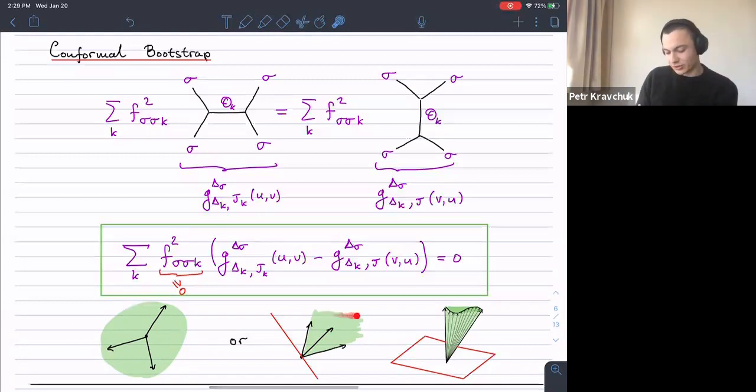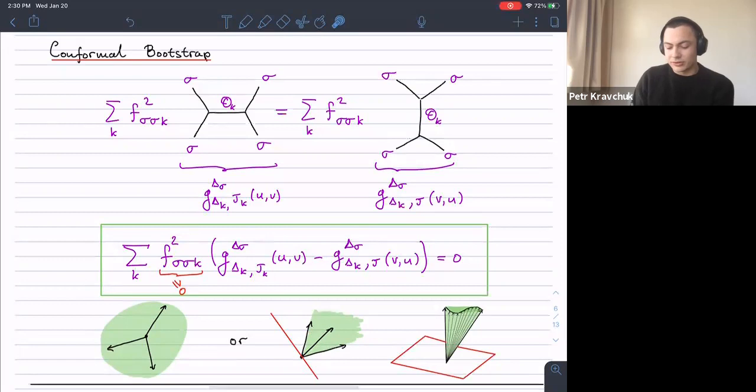The positive linear combinations only live in this shaded green region. And if you want to get 0, you have to choose the coefficient of every single vector to be equal to 0. So there's a trivial solution when all f sigma sigma k are equal to 0, but of course, it does not give a consistent theory.